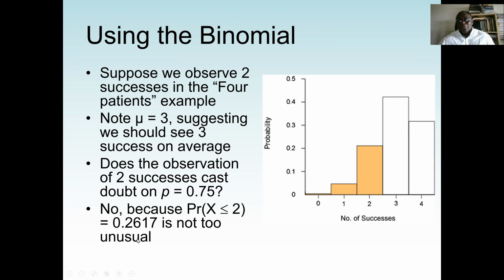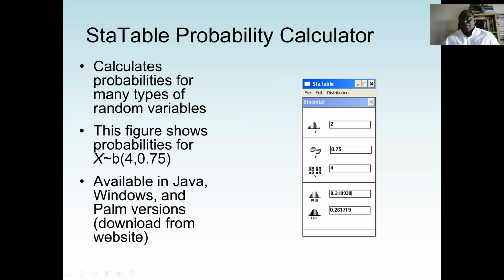So again, the mean and the variance tell us how the data varies, which is the variance or standard deviation, and also the center of the values, which is the mean. Next, we can also use stat tables and probability calculators, especially online. There are many software tools online that we can use to calculate binomial probability distribution.